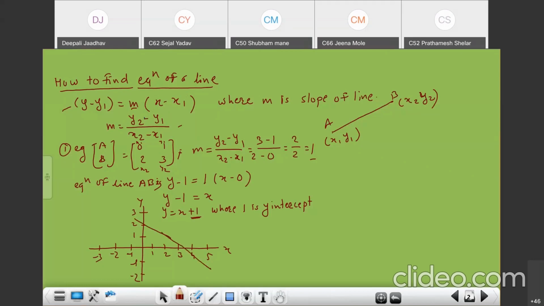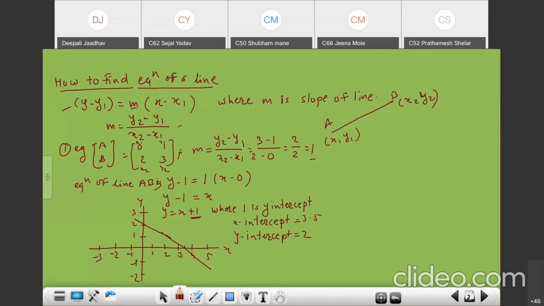What is the x-intercept and what is the y-intercept? The x-intercept is the point where the line crosses the x-axis. In this case, the x-intercept is 3.5. And the y-intercept is 2. So that is the x-intercept and y-intercept.